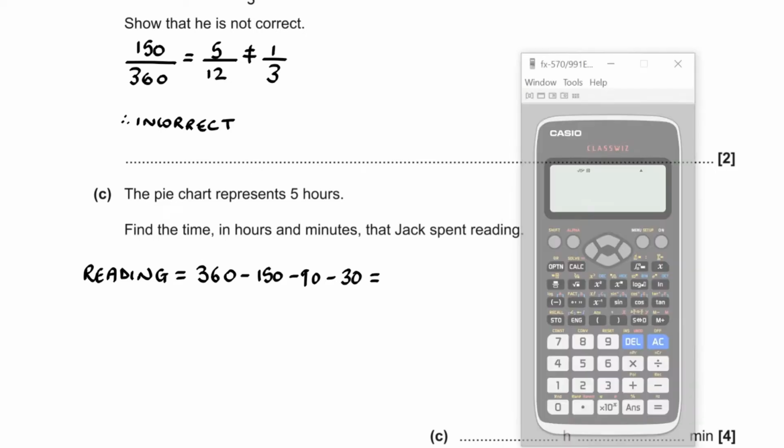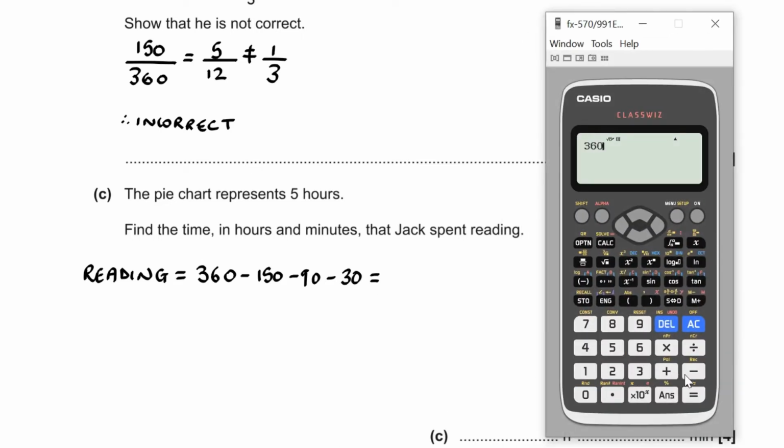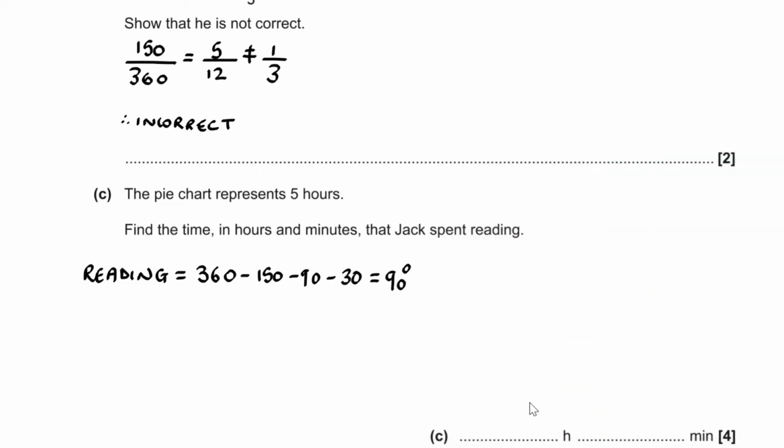If we work all of this out, you'd find this to equal 90. So therefore, we've got 90 degrees represented by reading.